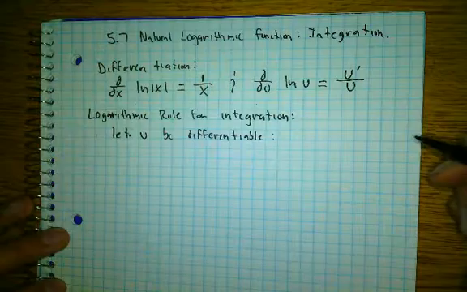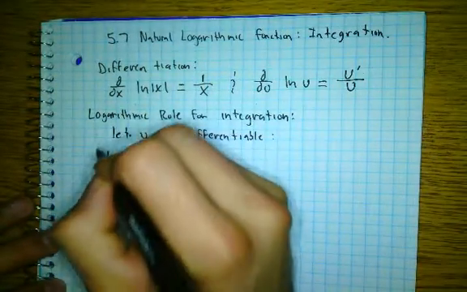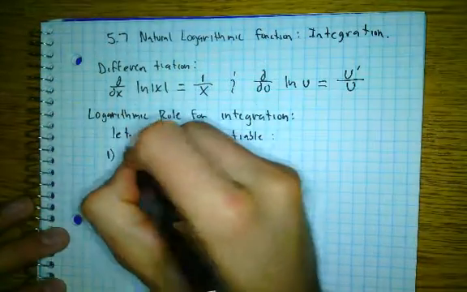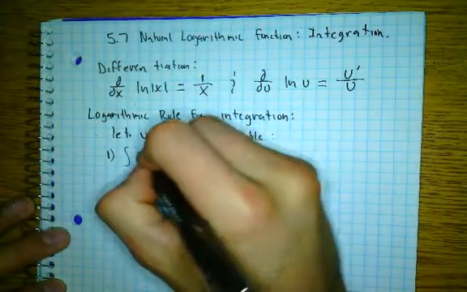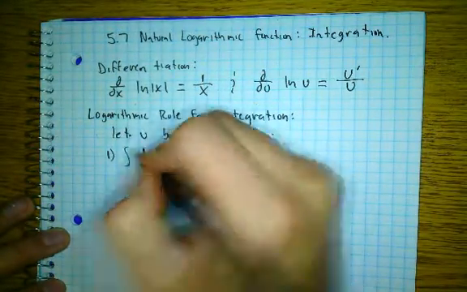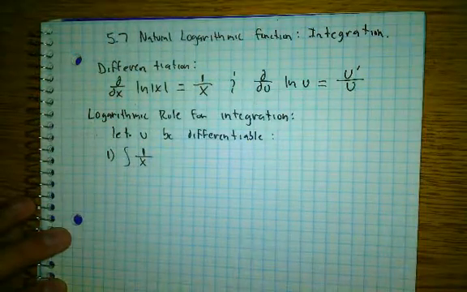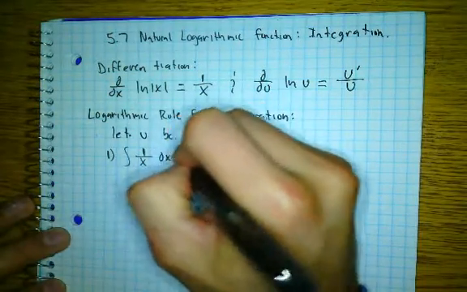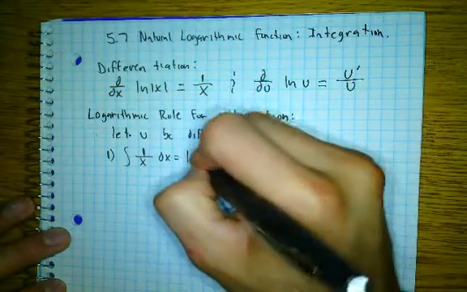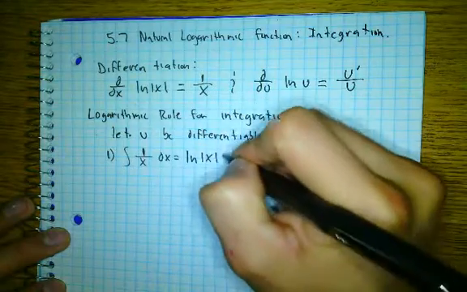Then the following is true. The antiderivative of 1 over x dx would be equal to the natural log of the absolute value of x plus c.